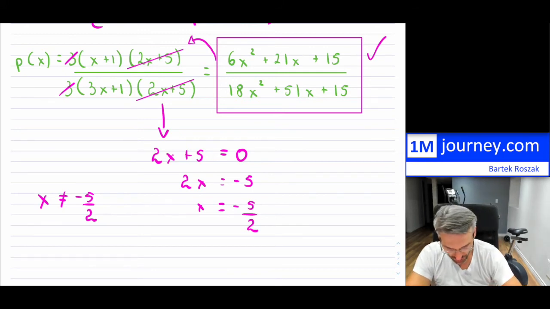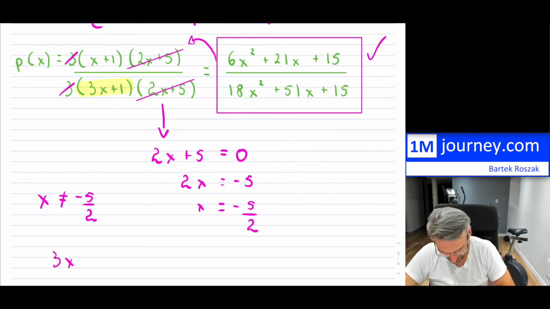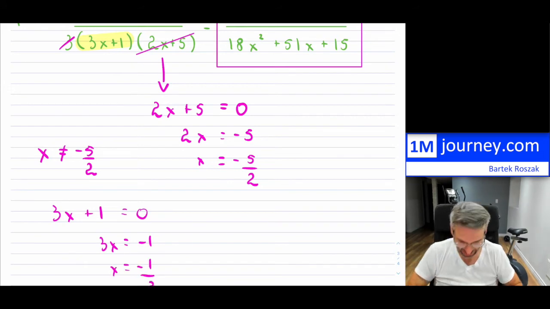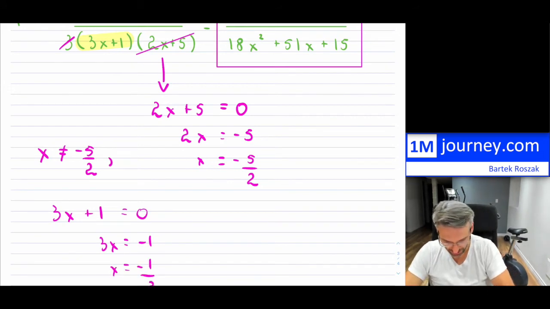Now, of course, we also still can't forget that we have this, but this one doesn't cancel at all. And for this one, this also cannot be equal to 0. So if I manipulate this, I'm going to get x cannot be equal to, right here, that.